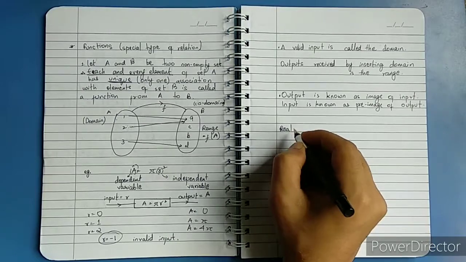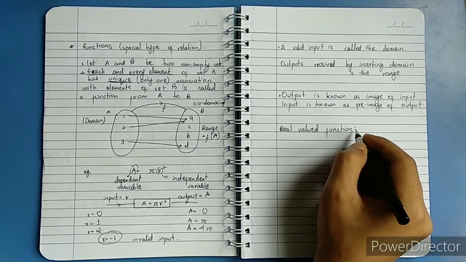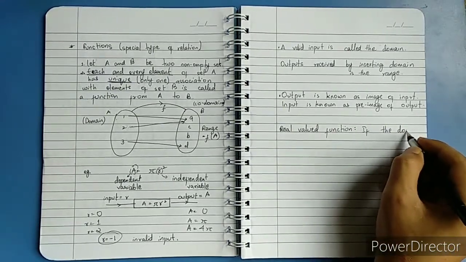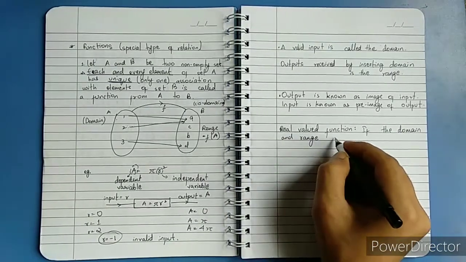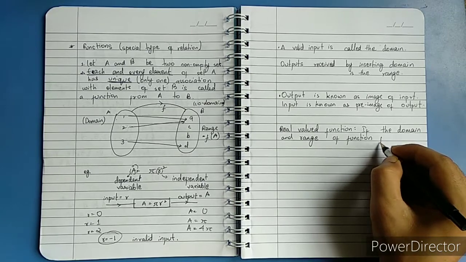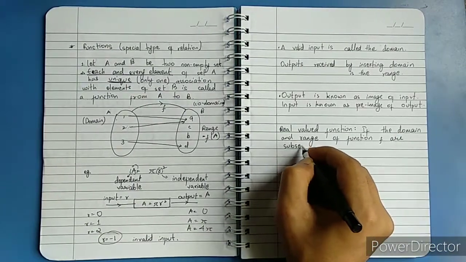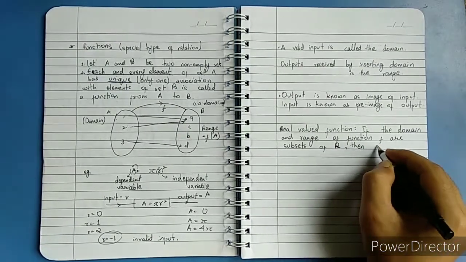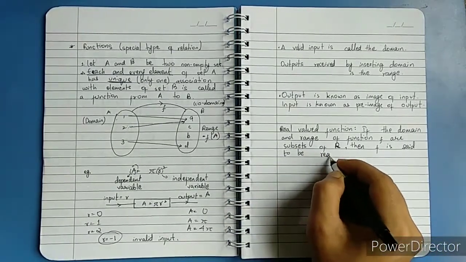Okay. So we have a definition of a real valued function. If the domain and range of function f are subsets of real numbers, R here denotes real numbers, then f is said to be a real valued function.